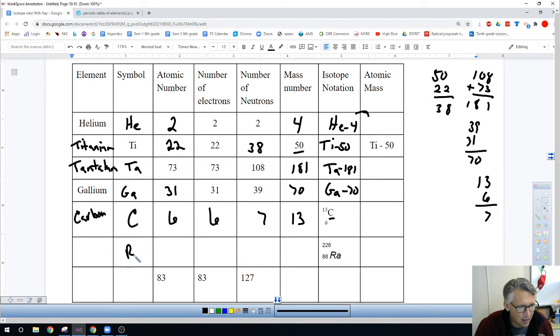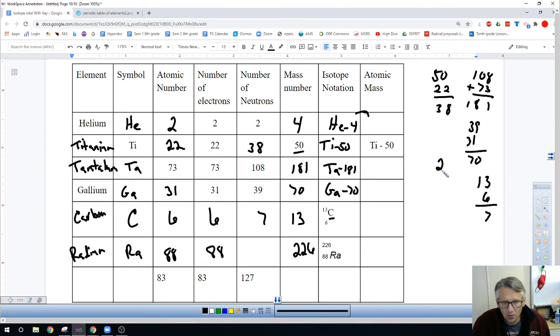Next, we have Ra, which is radon, I do believe. Radium. And its atomic number is 88. So that tells us it has 88 protons. So it's going to have 88 electrons in a neutral atom. And it tells us its mass is 226.